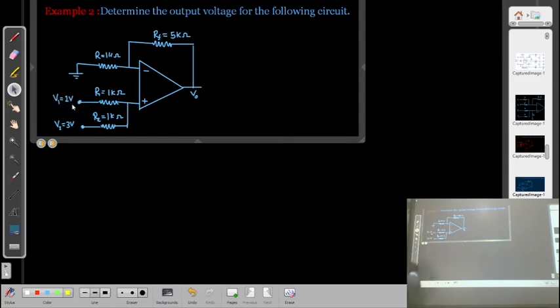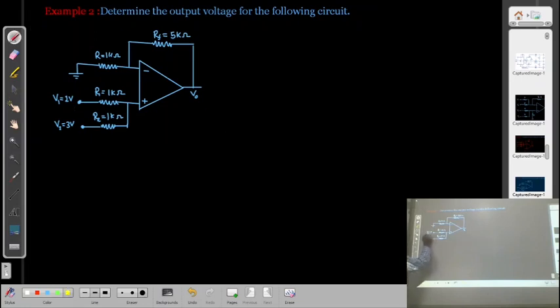V1 is 1 volt and V2 is 3 volt. And we have to find out what is the output voltage. Now in a non-inverting summing amplifier, first of all you have to find out what is the potential at A. Then we apply the expression for a non-inverting amplifier.